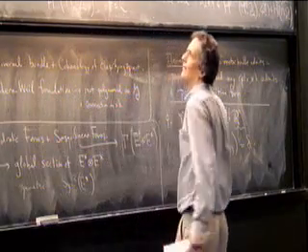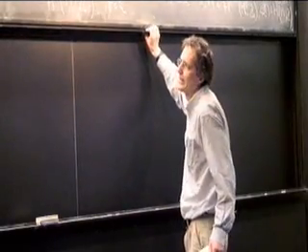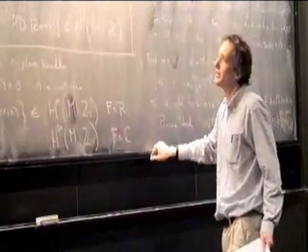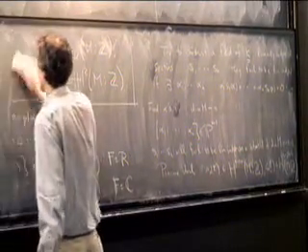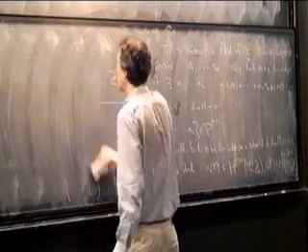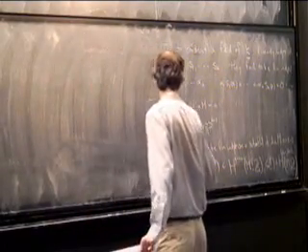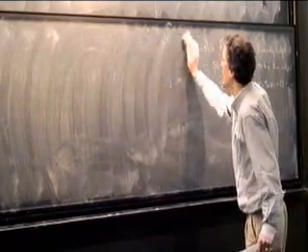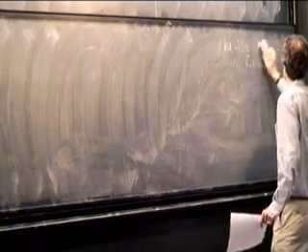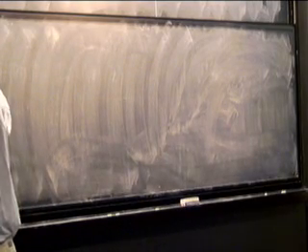Now, that looks silly, right? Because if I do that on patch alpha and I do that on patch beta, they're not going to agree with each other. I'm not going to get a globally well-defined object that way. But what I can do is introduce a partition of unity subordinate to my cover.